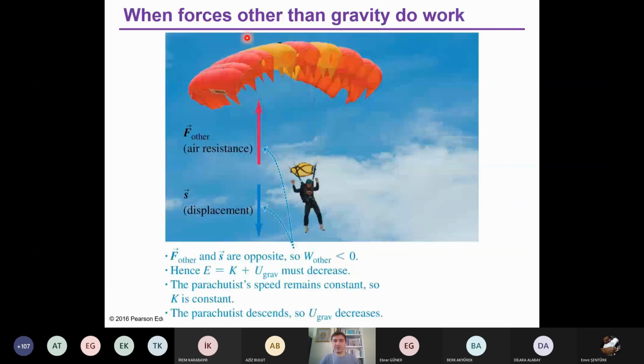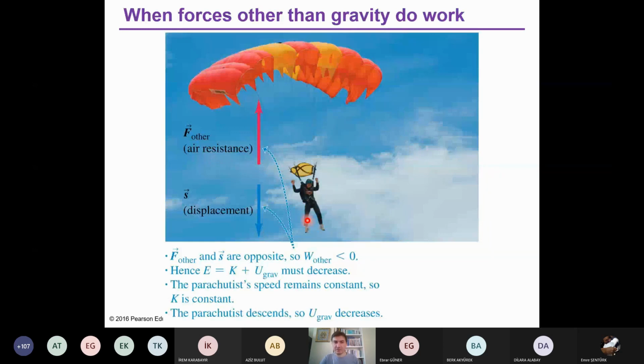Okay, so here we have an example for the forces other than gravity doing work. Here you see a guy, a parachutist, let's say, okay? So what about the forces acting on this guy? Weight downward, okay? And displacement downward. And there is F other here, which is the air resistance. It is upward, okay? So what about the work done by the gravity?